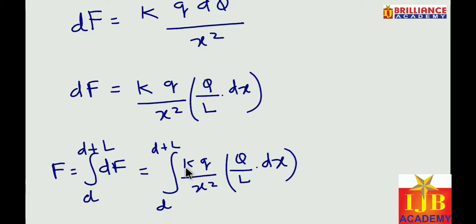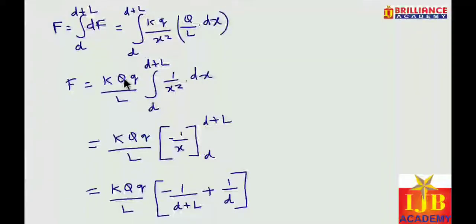Everything is constant, so you can take the constants out, k q Q by L, and the only integrating element is 1 by x squared dx.